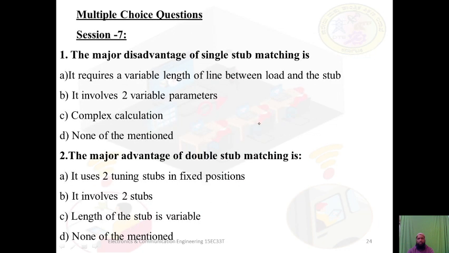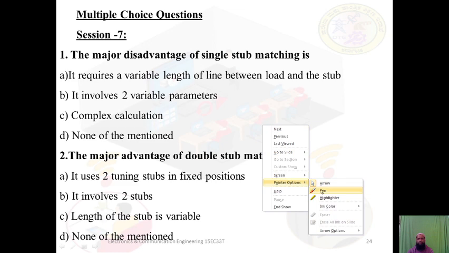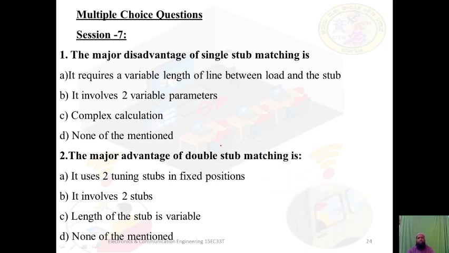So coming to the final part of this session, that is multiple choice questions. What is the first question? The major disadvantage of single stub matching. Options: A, it requires a variable length of line between load and the stub. B, it involves two variable parameters. C, complex calculation.